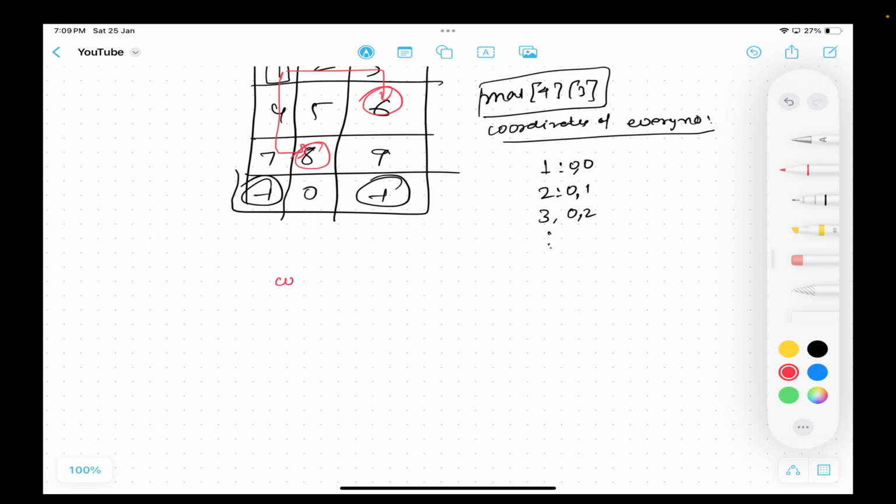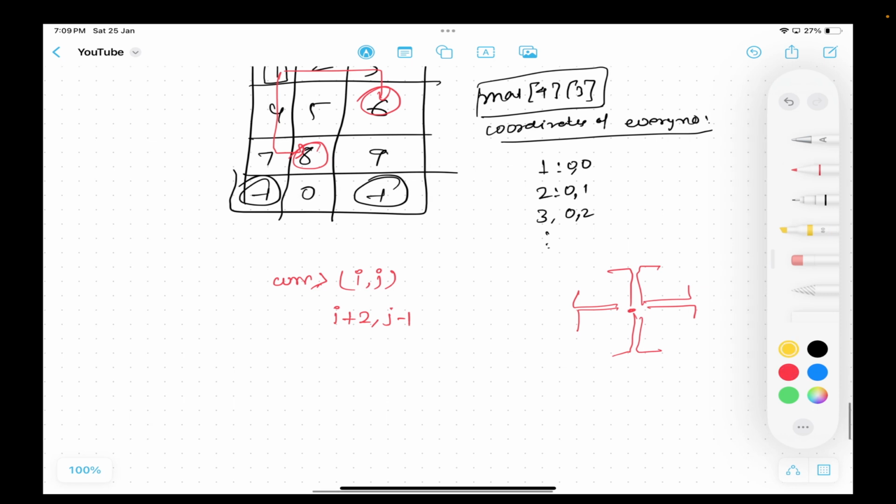Let's say your current position is I and J. From IJ the knight movement will be something like I plus 2, J minus 1. So you are here, and you can go here, here, here, and here.